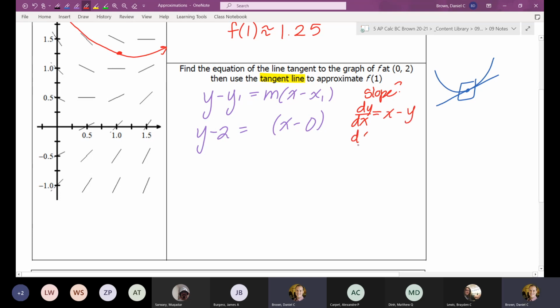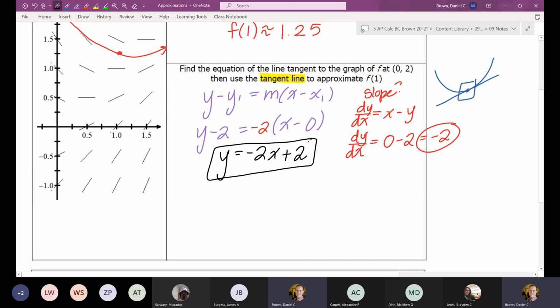So what's the slope at that point? dy/dx, x is 0, y is 2. The slope is negative 2. So that would be my slope. That is my tangent line. Simplifying it, we get y is equal to negative 2x plus 2. So that's my tangent line.